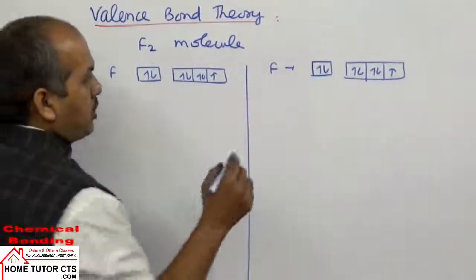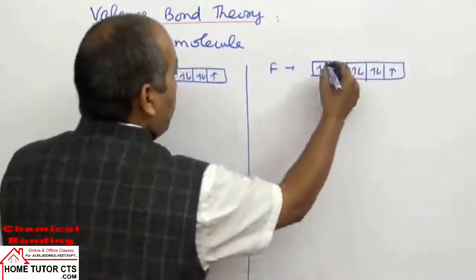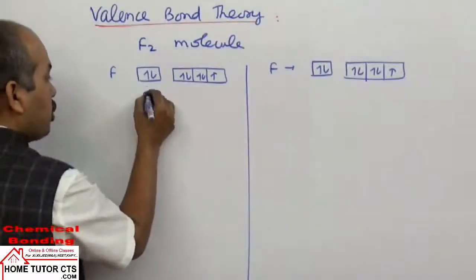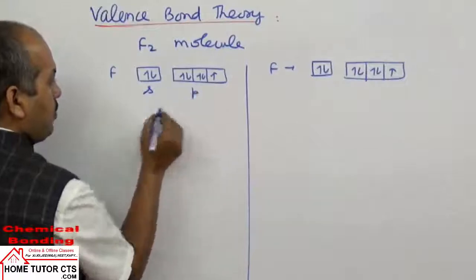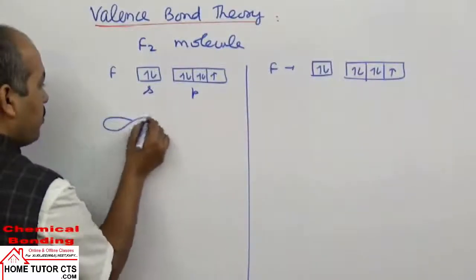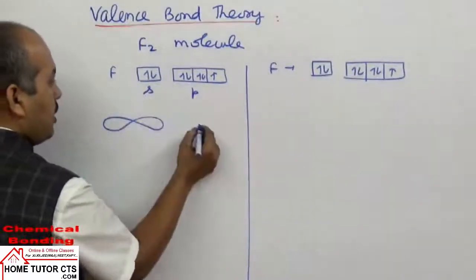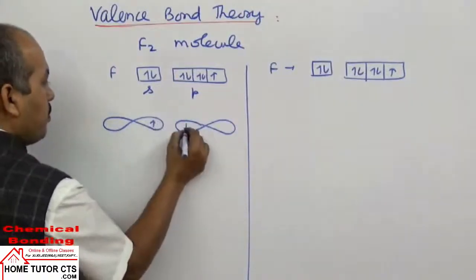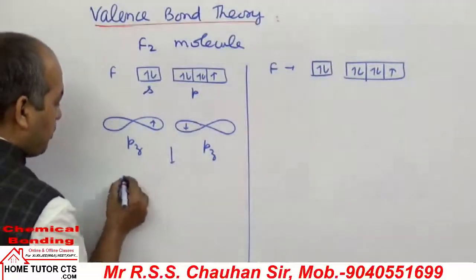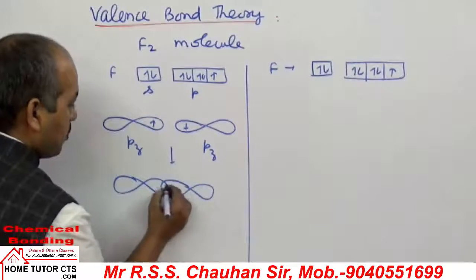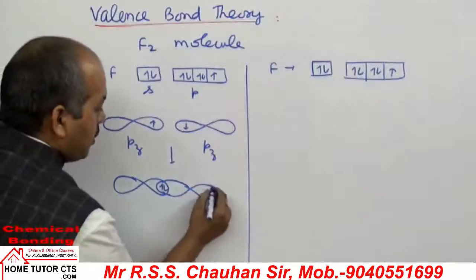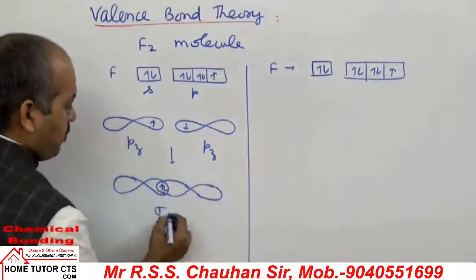Actually, they can show two kinds of bonds. If they form directly using p orbitals, out of the p orbitals, only one is unpaired. Taking the z axis, the pz orbital of one atom and the pz orbital of the second atom form a sigma bond.